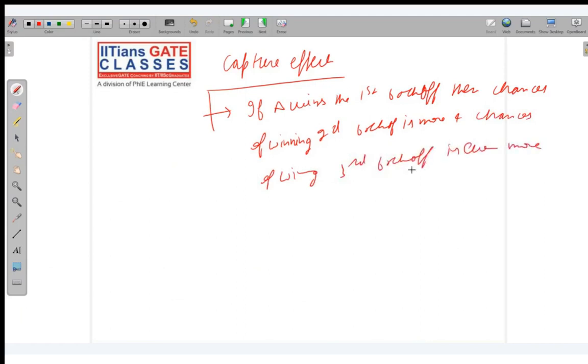So just like that, if A wins, then he will win again. Then again he will win again, and so on. That is known as capture effect.